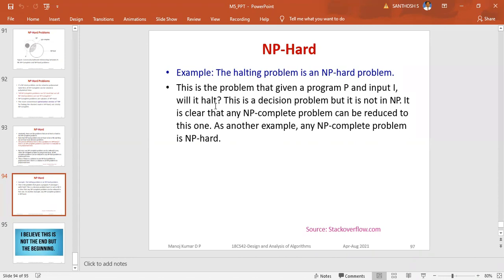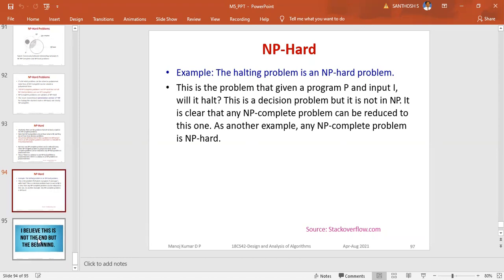This is a decision problem, but it is not in NP. It is clear that any NP-complete problem can be reduced to this one. As another example, any NP-complete problem is NP-hard.